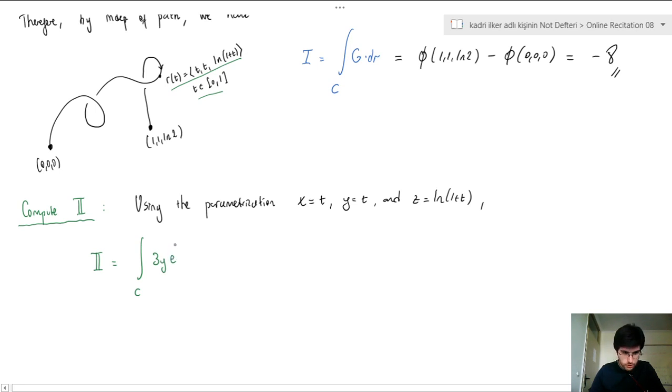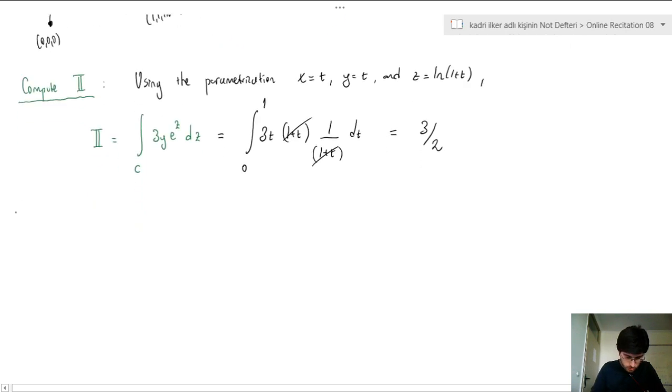This is just a function, a simple line integral, not a line integral of a vector field. Very simple form. Using this parametrization, t runs from 0 to 1. So we have 3t here. And instead of e to the z, we have 1 plus t. Instead of dz, dz will be 1 over 1 plus t dt. So these cancel out each other. So the result will be 3/2.